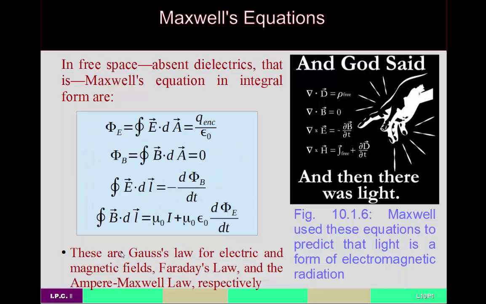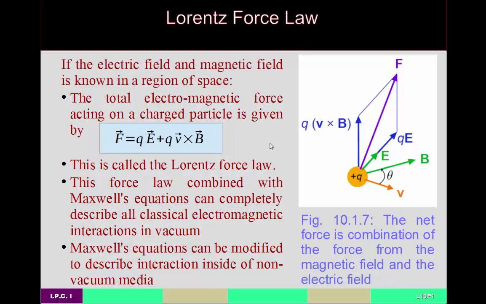Case in point, if we go back up to Maxwell's equations, the D and H terms describe what happens inside media, not just in a vacuum. Otherwise, it would just be E and B everywhere. This would be E, this would be B, and this would in fact also be E. But that's for a more advanced course.